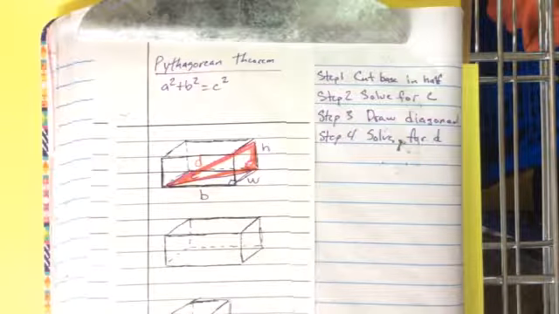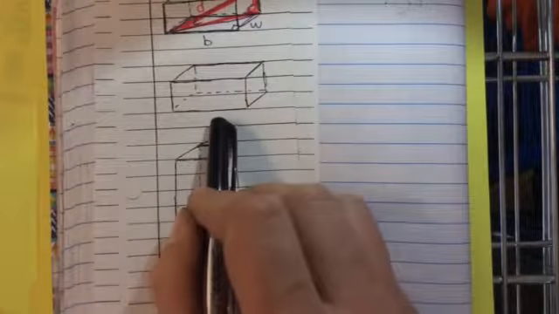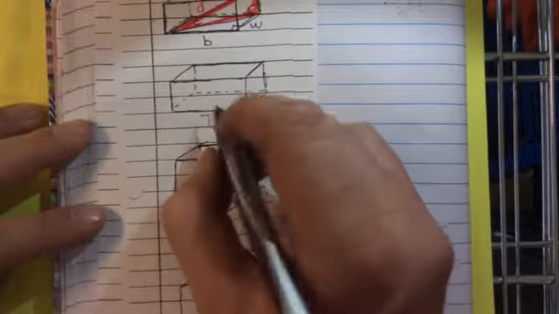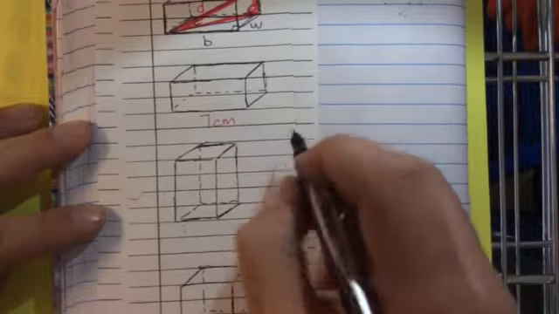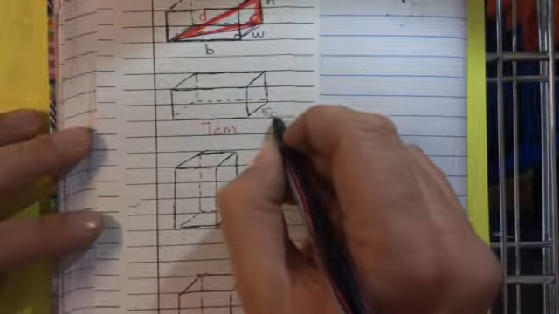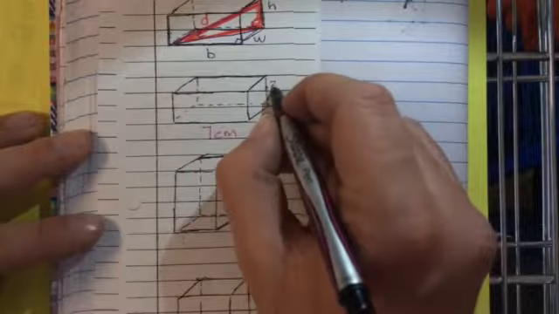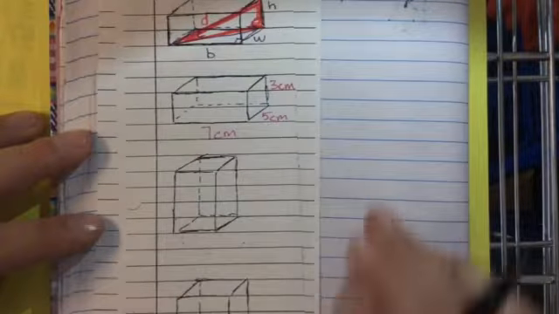Okay, so we're going to work through an example. So go down to the next rectangular prism that we have. So this second rectangular prism that we have, and we are given that the base is 7 centimeters, the width is 5 centimeters, and the height is 3 centimeters.